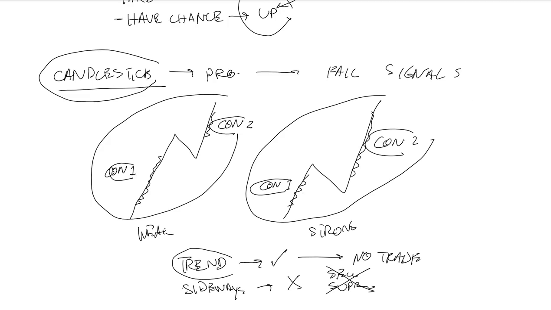Let me summarize for you again. To apply candlestick like a pro, you need to learn about continuation patterns that work together with price patterns as a weak trend or strong trend, to identify whether this weak trend is real or fake, this strong trend is real or fake.